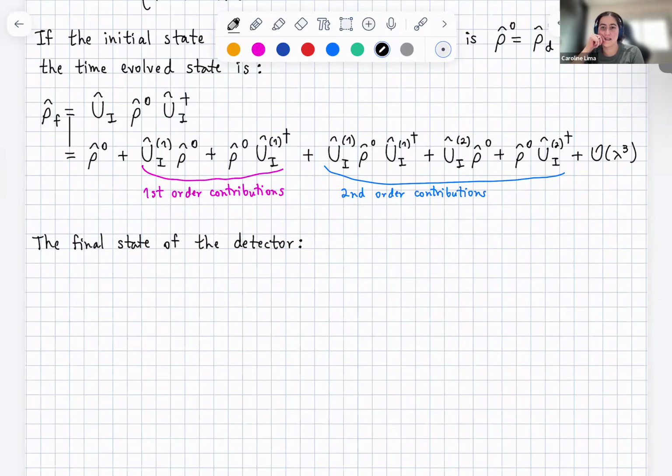Any guesses? Has everybody taken any quantum information course? Maybe I'm just talking about density matrices and other things you are not familiar with. But if someone is familiar with quantum information, how would I compute the final state of the detector if I'm not interested in the final state of the field?